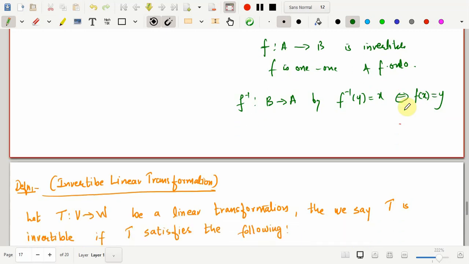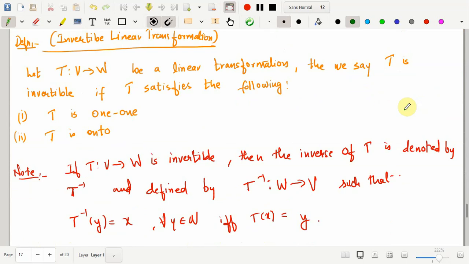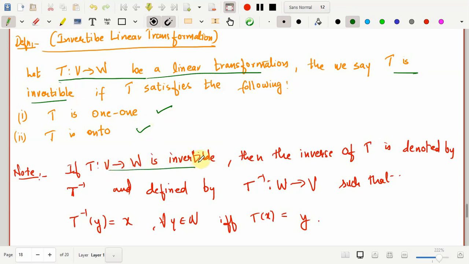So the same definition we have for the linear transformation. We say that a given linear transformation is invertible if it satisfies two properties: T is 1-1 and T is onto, that is, T is injective and T is surjective. In short, T is bijective, right? So in case T is invertible, I can talk about its inverse map.